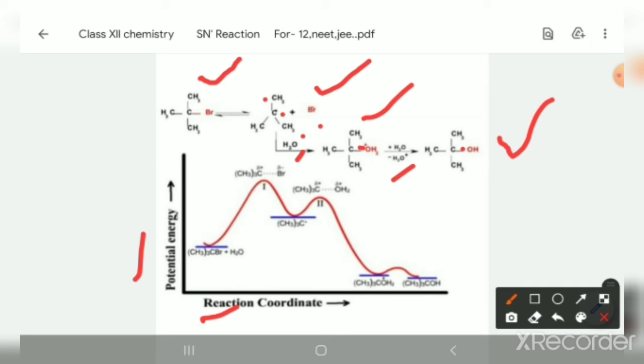So this is the reaction in which Br is substituted by the OH of water. And now see here the graphical representation. This is transition state 1 from step 1, this is 2 from step 2, and finally the product is formed here.